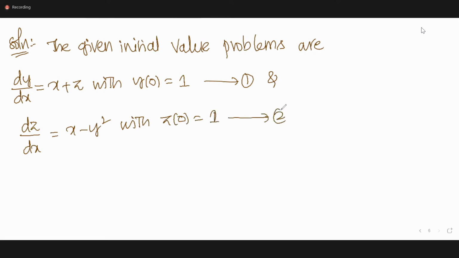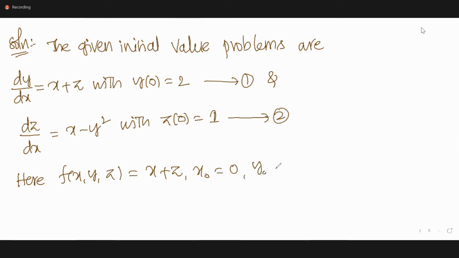This is 2, not 1. Here f of x comma y comma z is equal to x plus z. X naught is equal to 0. Y naught is equal to 2. Phi of x comma y comma z is equal to x minus y square and z naught is equal to 1.